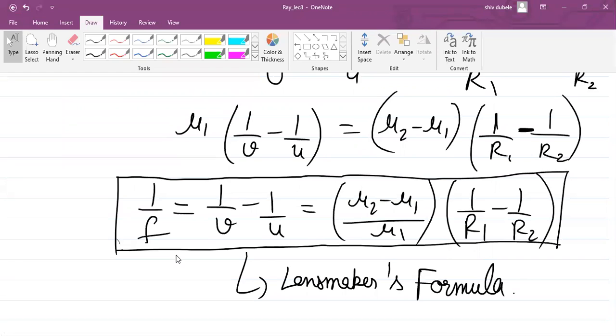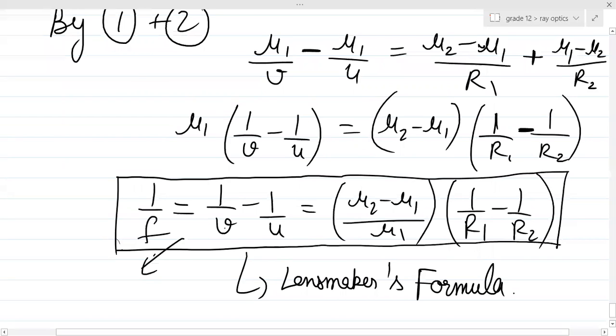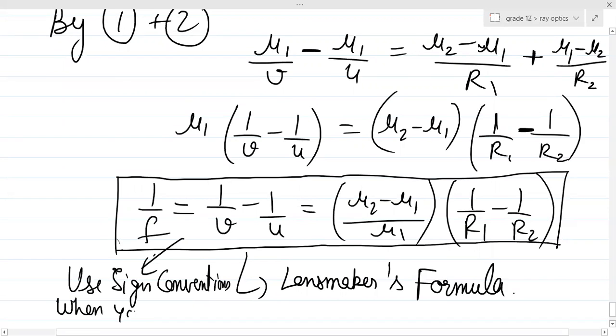And please remember, guys, now this is the formula, so use sign conventions when you use this formula. Is this clear?